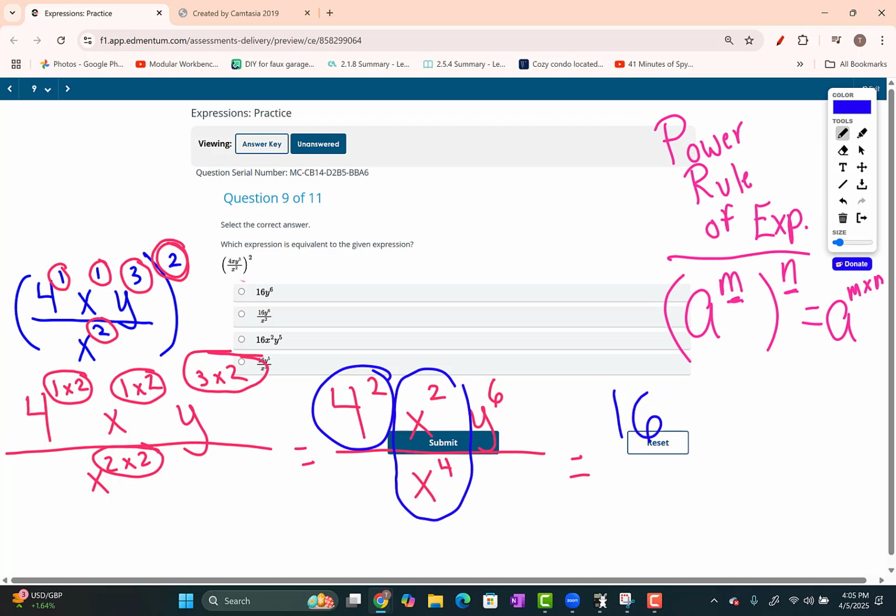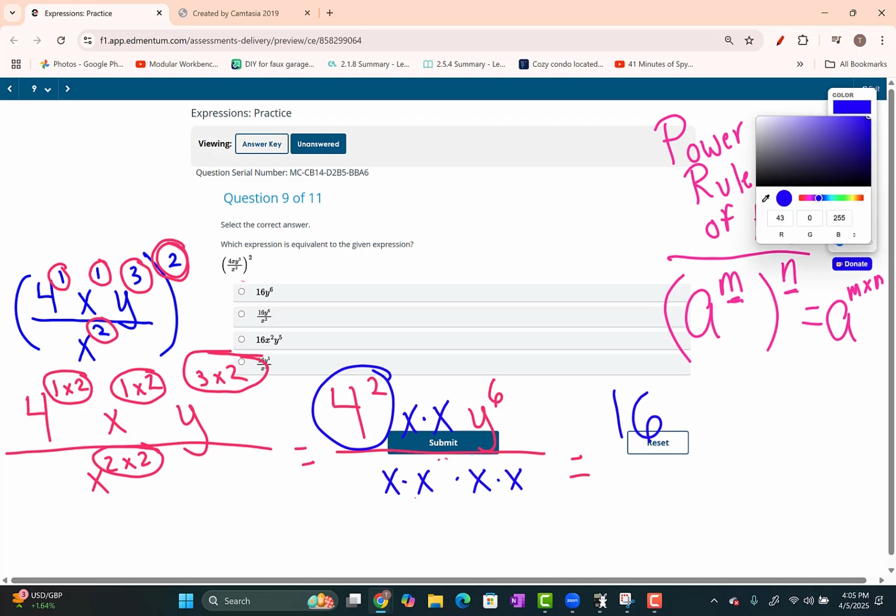Another way to think about it, though, that I think makes more sense rather than memorizing a bunch of rules, is x squared is really just x times x. It's just 2 x's multiplied by themselves. X to the 4th is just x times itself 4 times.